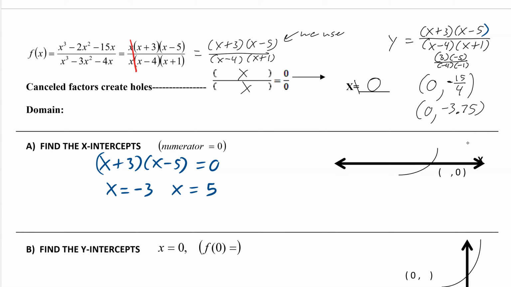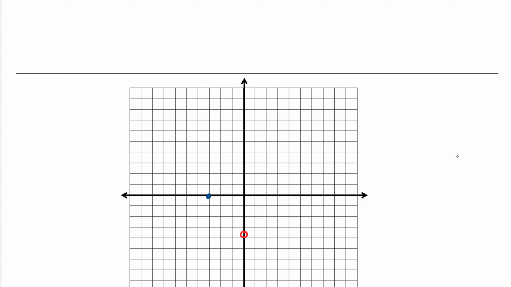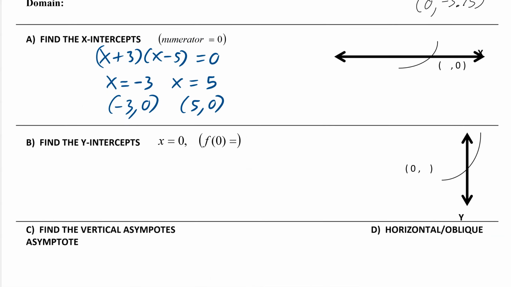So what that means is if I were to plug in negative 3 into my function, this whole thing would come out to be 0. And if I plug in 5 into my function, the whole thing would come out to be 0. So we have the point negative 3 comma 0 and the point 5 comma 0. So now we can go down to our graph and plot those. So at negative 3, 0 and 5, 0, we have our 2 points now on our graph for x-intercepts.